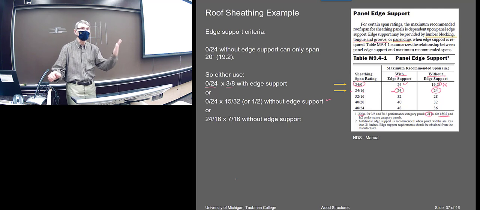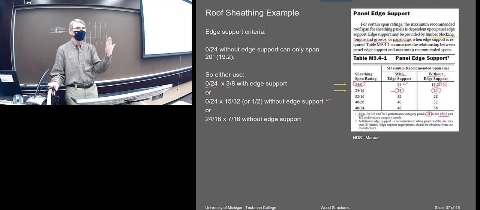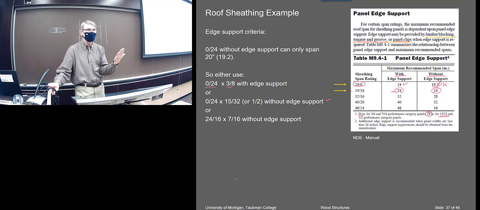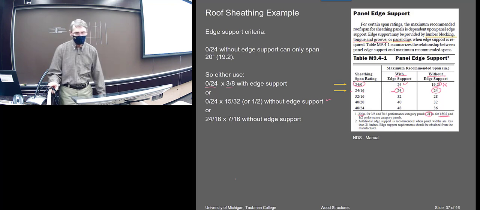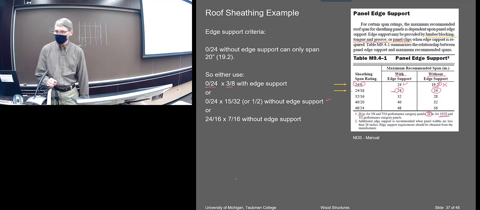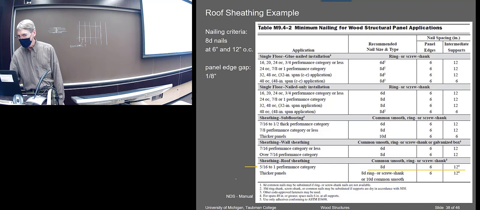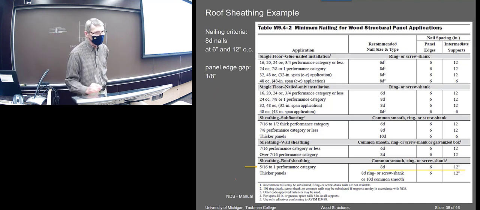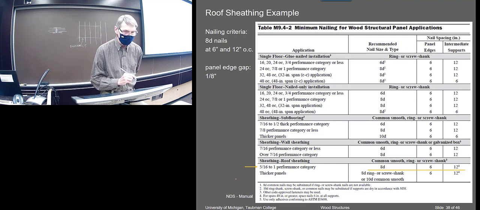So it's just an economics thing. You can see what the cost of the edge support is going to be versus the cost of the plywood being thicker, and which way is more economic in that regard. Either one would be strong enough. Obviously you pick one that's going to work, but there are some options there.